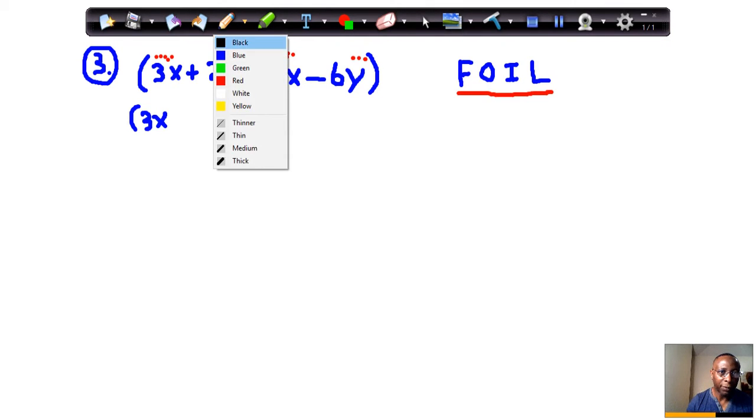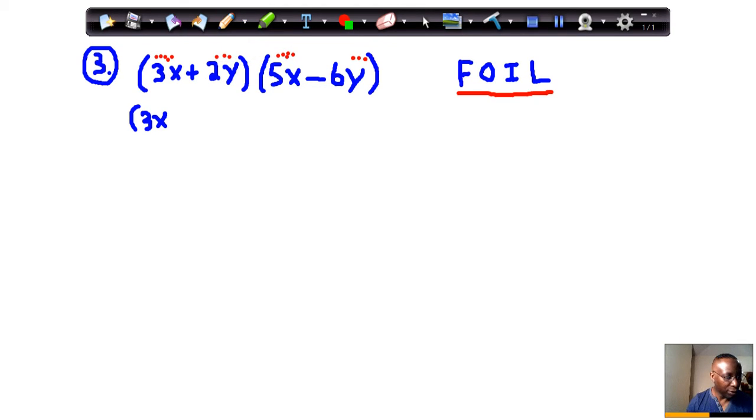Let me color. So 3x is a first, and 5x is a first. So we have our first. I'm going to put a little mark so you can see it.